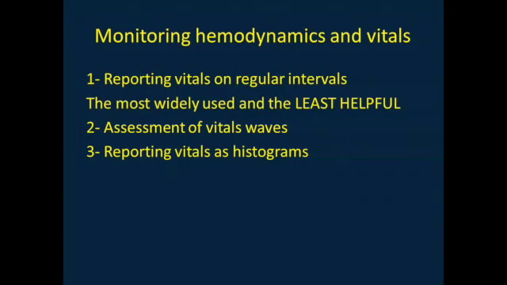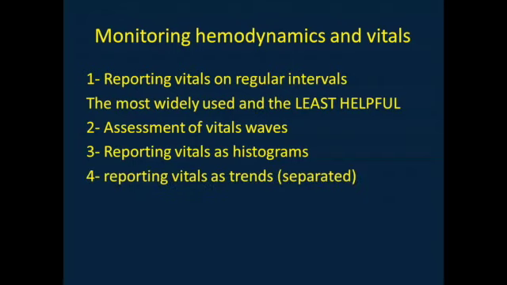And you may know exactly how much time the infant had blood pressure lower than expected or lower than normal, or within normal or above normal for all of the vital signs. So that's a very helpful tool.